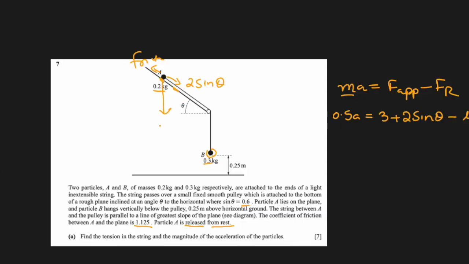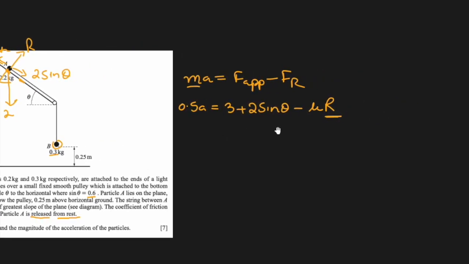This will be 2 newtons downwards, the weight of this particular mass. The component in this direction will be 2 cos theta, and that will be equal to the normal contact force 2 cos theta. So in place of mu R, we can write minus, mu is given, right, 1.125.